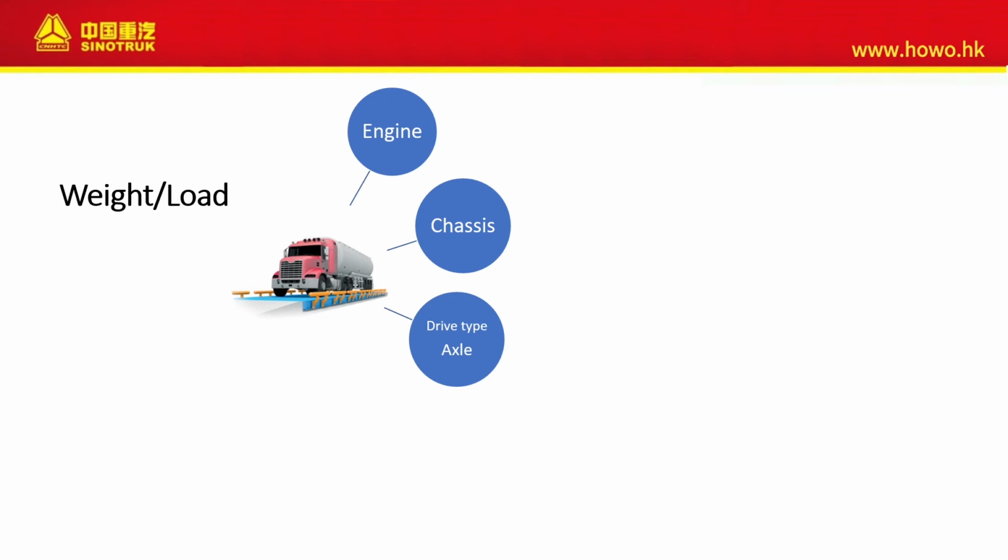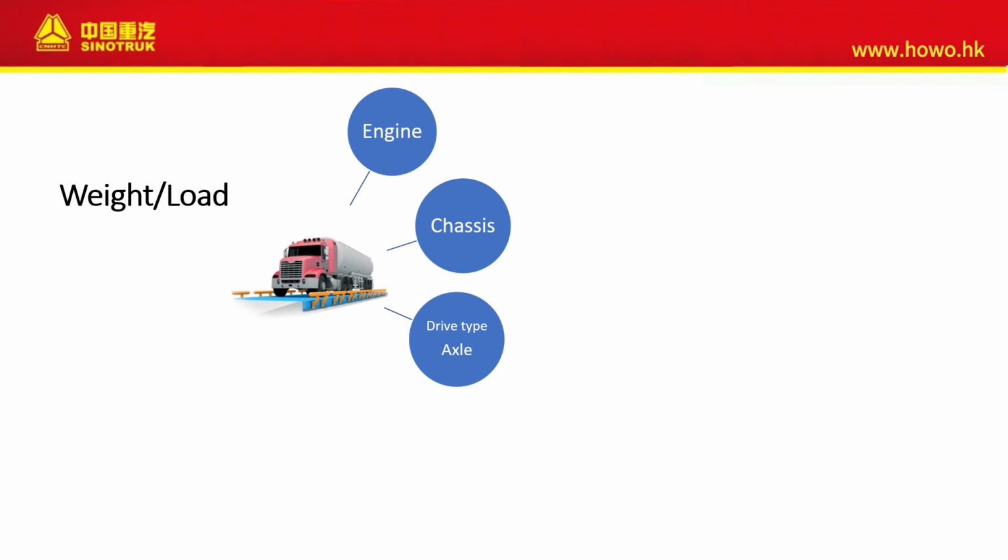Of course, we will not go into details. And also the drive type, because if you want to transport more goods or more stone, you need to add more axles, for example 8x4, or at least 6x4, etc.